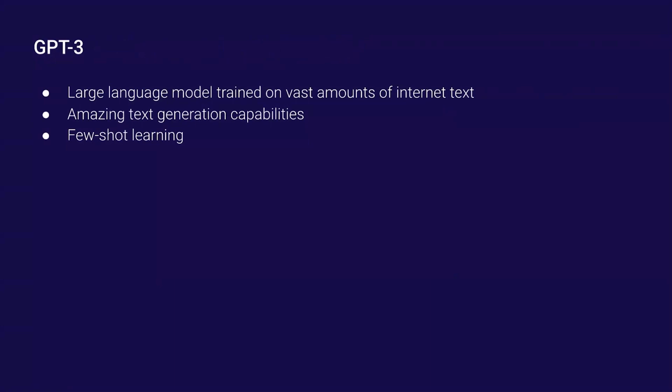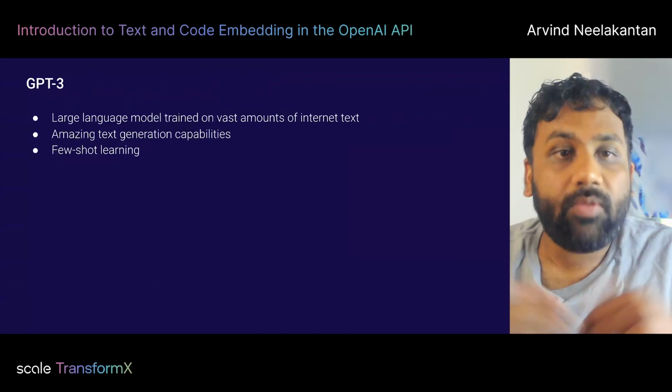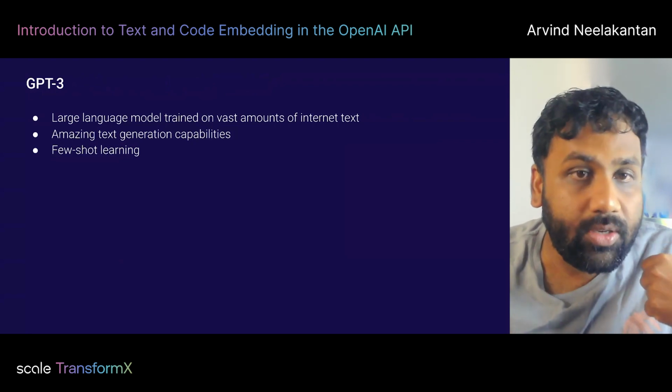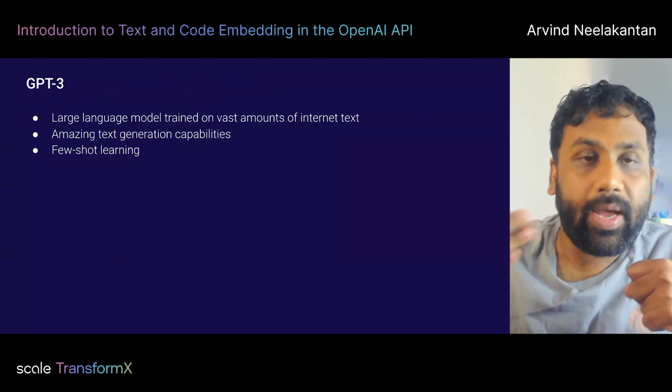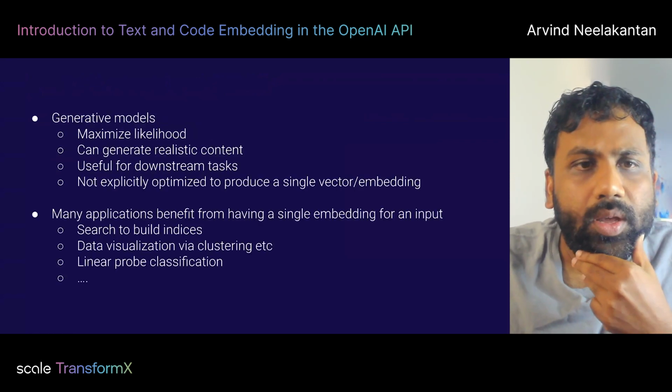With GPT-3, our language model powering the API, one could do a lot of text generation tasks, as I mentioned before. And one more set of tasks that we were able to unlock was few-shot learning, where you give it a few examples of input and output pairs, and the model picks up the pattern and can solve the task you described.